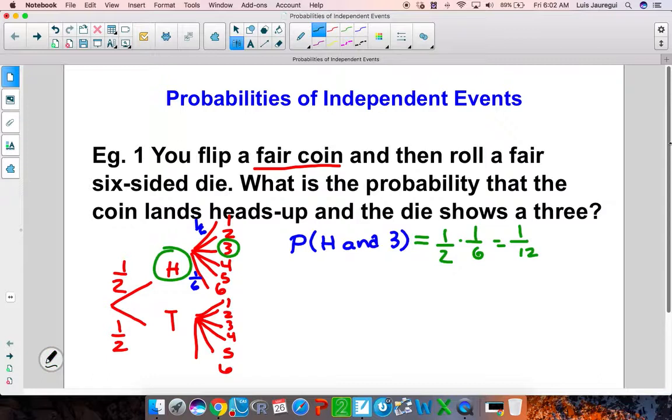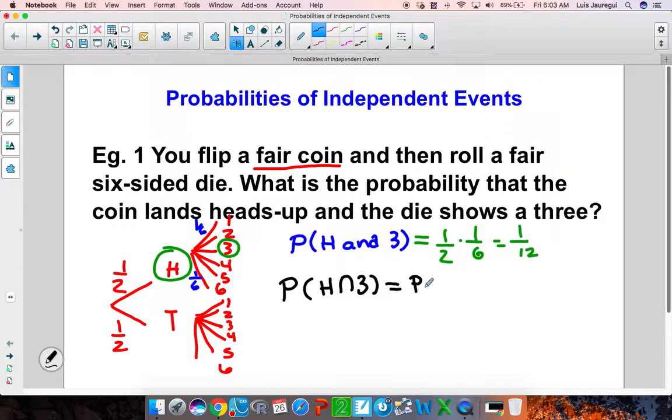The second approach is to realize that these two events are independent. Whatever happens on the coin flip doesn't affect what happens on the rolling of the die, or vice versa. So whenever you have two independent events, we know that the probability of H intersection 3, or H and 3, is the product of the respective probabilities.